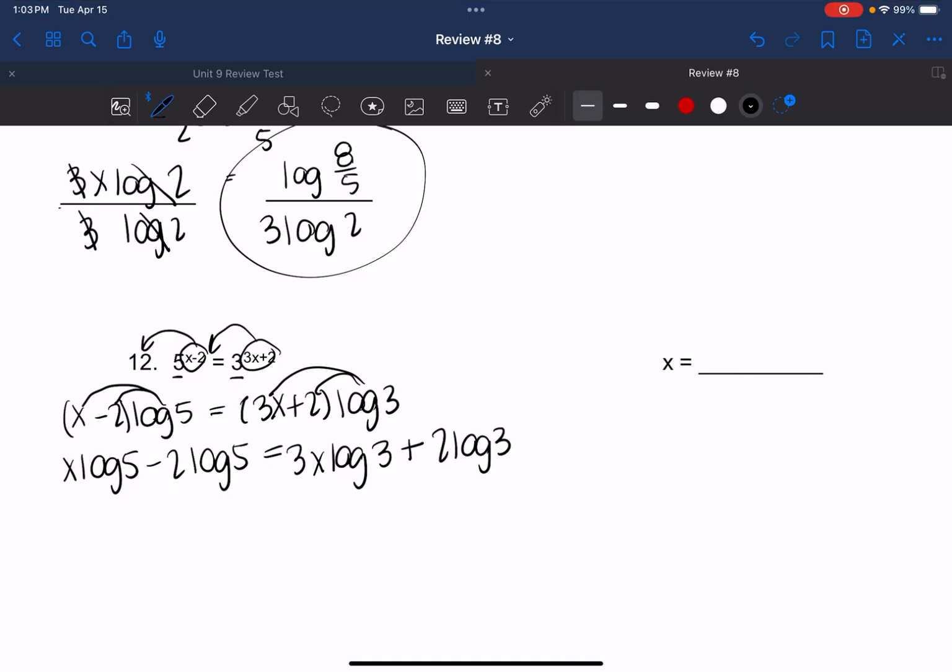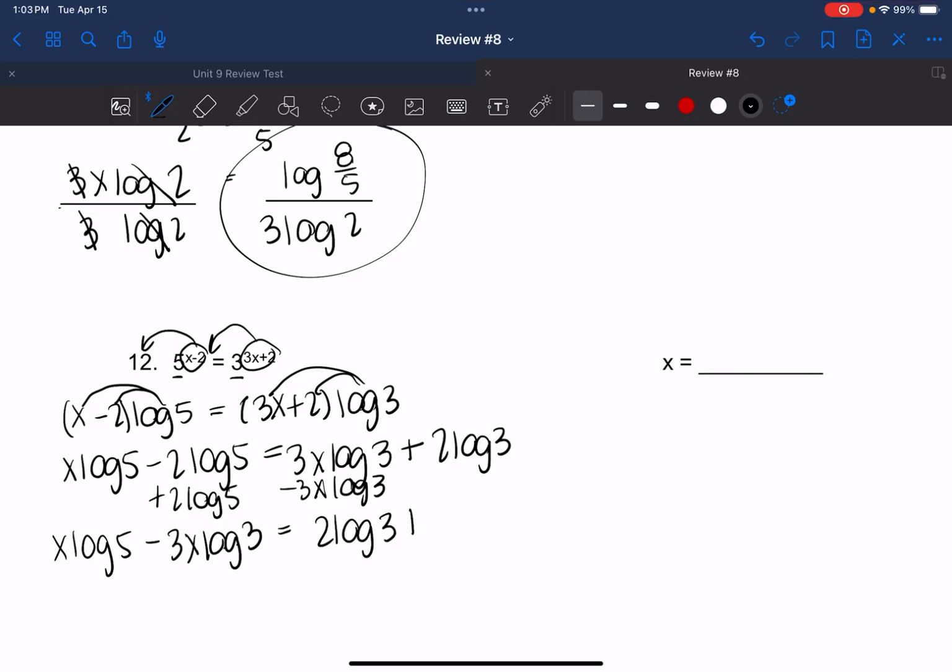I'm going to move all the x's to the same side, so I'd subtract 3x log 3 from both sides and add 2 log 5 to both sides, which is going to give me x log 5 minus 3x log 3 on this side. And then I'll have 2 log 3 plus 2 log 5 over here on this side.